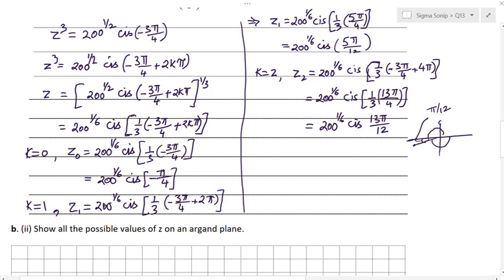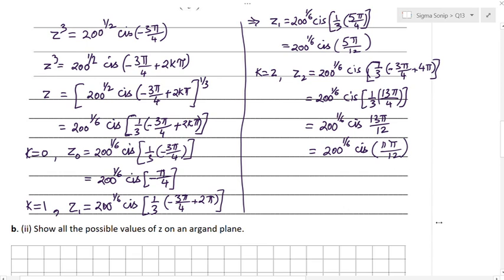Because this small angle is pi over 12, the angle from here to here will be 11 pi over 12, and that would be our argument for this third root, or you could do a minus 2 pi here, so we'll get minus 11 pi over 12. So these are the 3 roots given there.